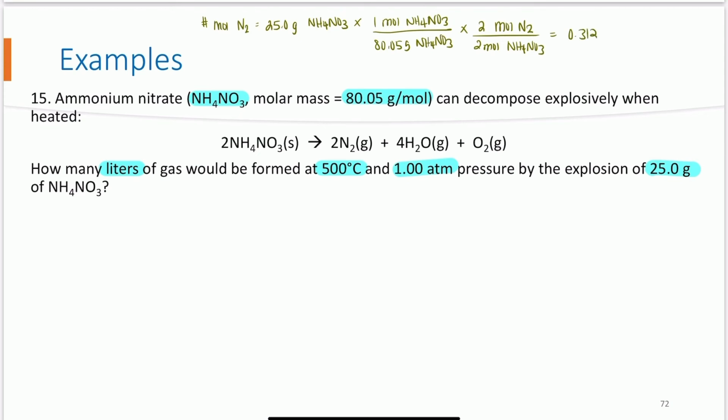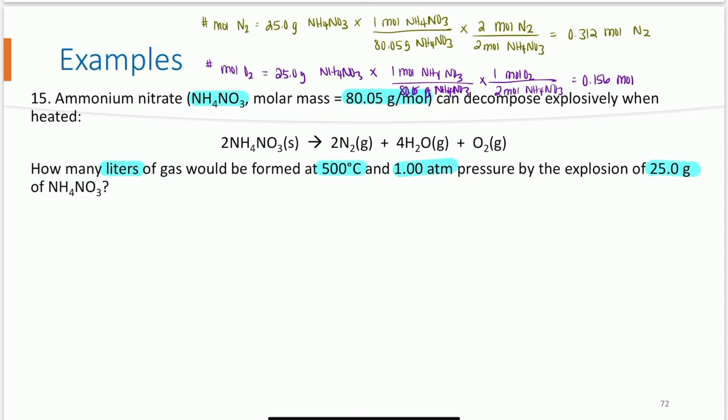So 0.312 moles of N2. My number of moles of O2. I produce 1 mole of O2 for every 2 moles of NH4NO3. So 0.156 moles of O2.